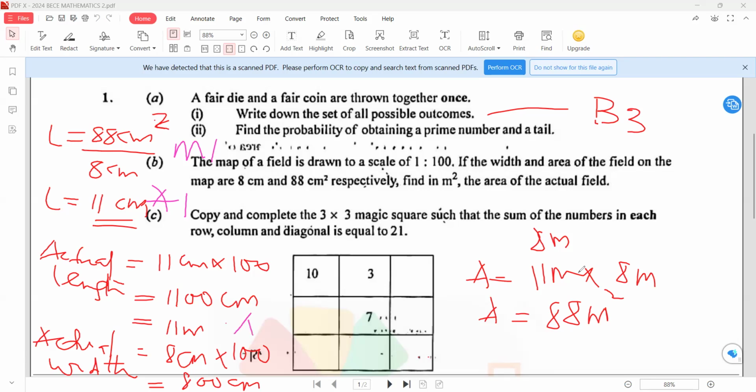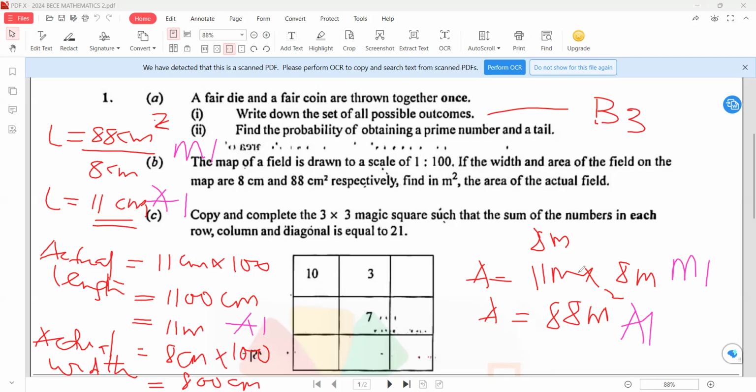So that is A1, the first side of it. Then also if you are multiplying, M1, and then the accuracy, which is the correct answer, 88 meters squared, another A1. That makes it 5 marks for question B.